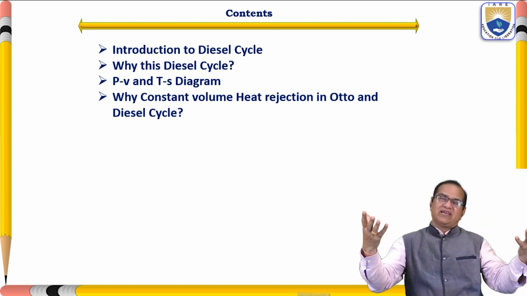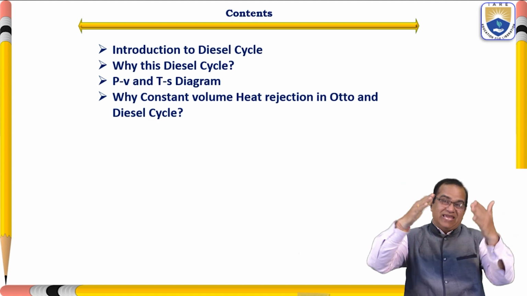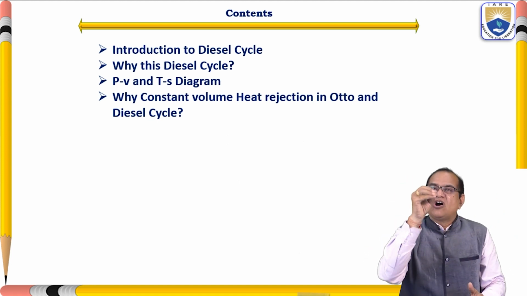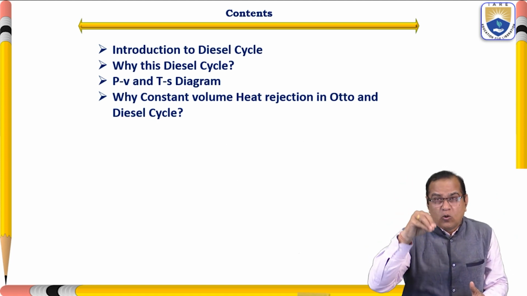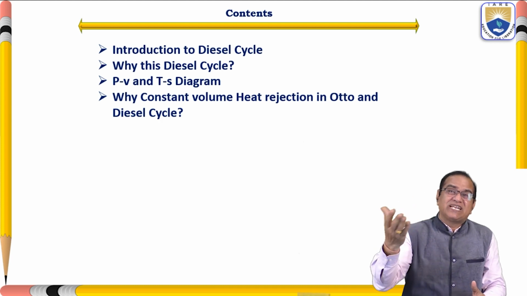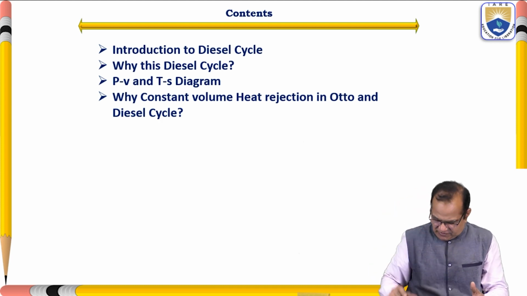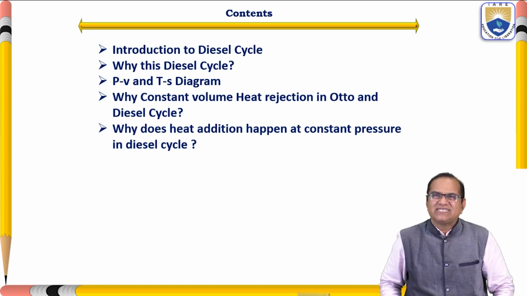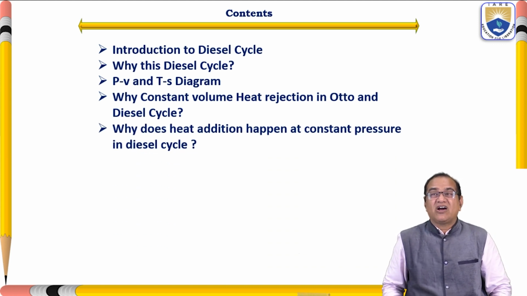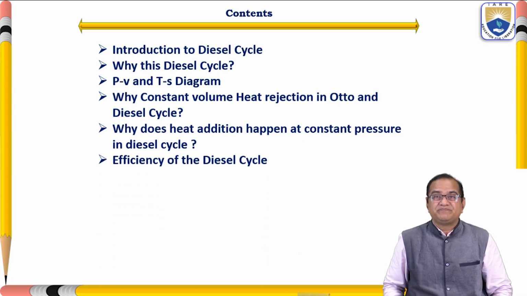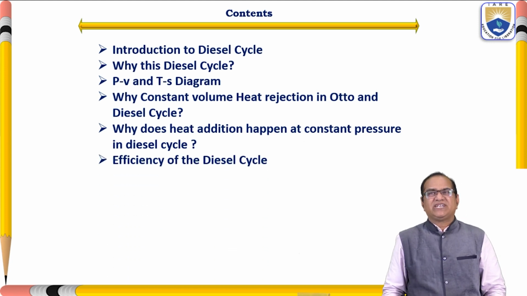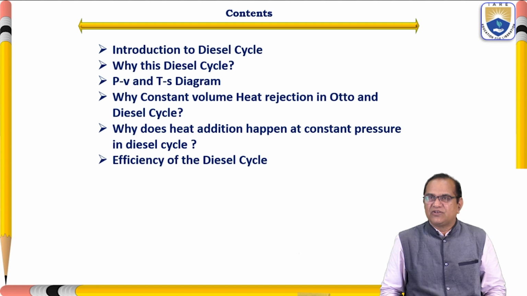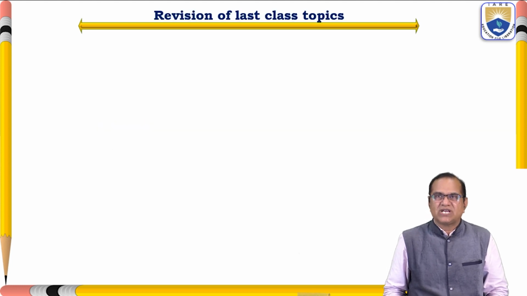Why can't we make the heat addition at constant pressure in Otto? Why have we not made constant pressure heat rejection also? These things we will discuss in my next slides. Then the efficiency of the diesel cycle, where we will derive the equation just like we did for the Otto cycle.